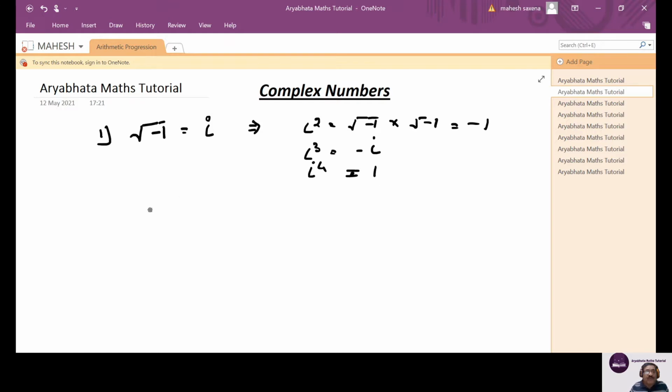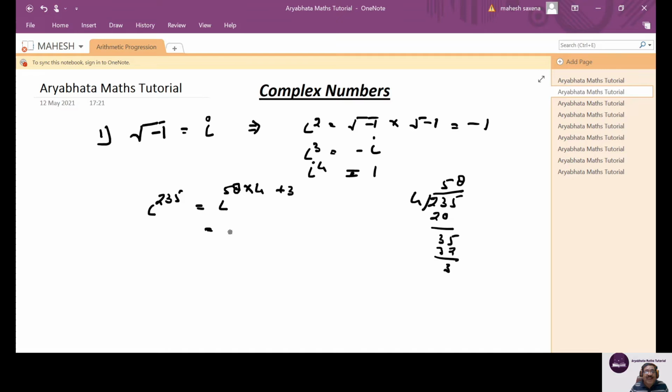Suppose we have to find i to the power 234. We can write it by first dividing 234 by 4. 4 into 58 is 232, remainder 2... Therefore, it can be written as i to the power 58 into 4 plus 3.